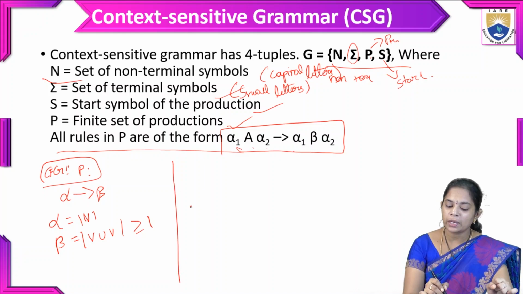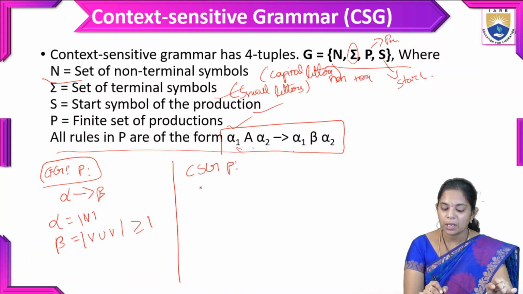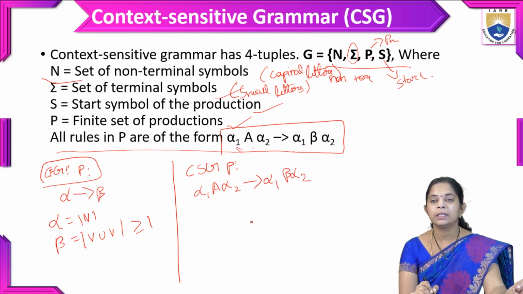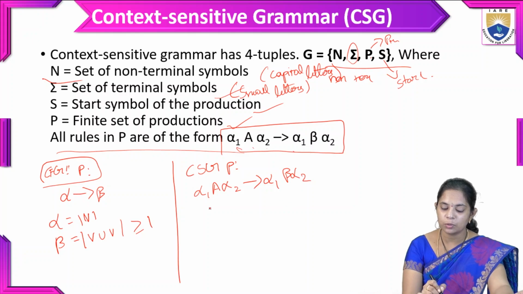And coming to the context sensitive grammar, the production rules are of the form alpha1 A alpha2 tends to alpha1 beta alpha2. So the production rules are like this.